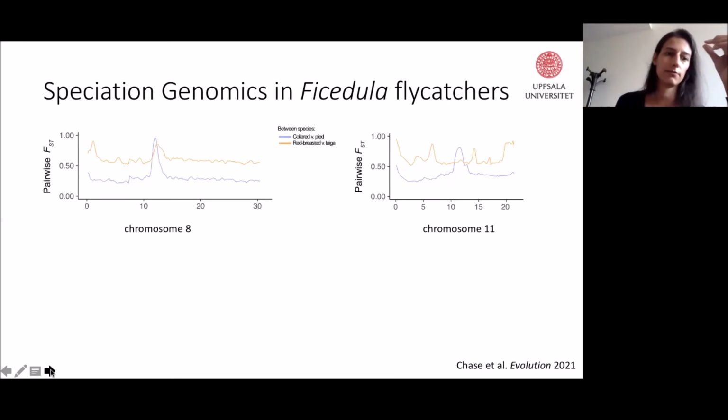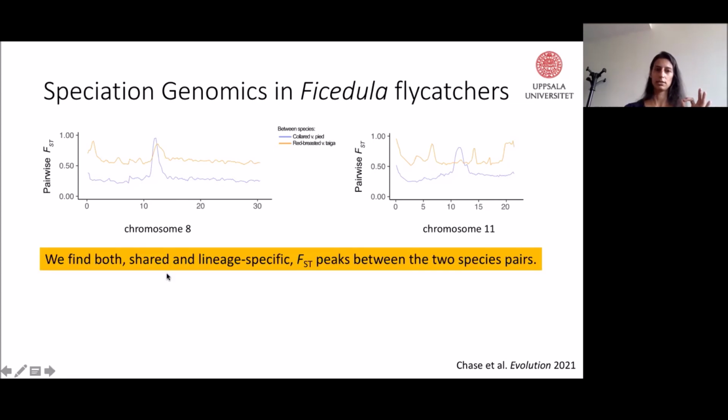What I want to highlight is that several of the FST peaks that we see in one species pair are also found in the other species pair. And this is rather particular to birds, that they show many shared signatures of FST peaks, which is shown here on chromosome 8. But we also found several lineage-specific signatures, which, for example, is highlighted here on chromosome 11.